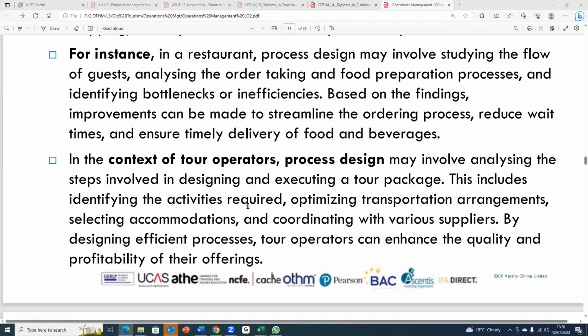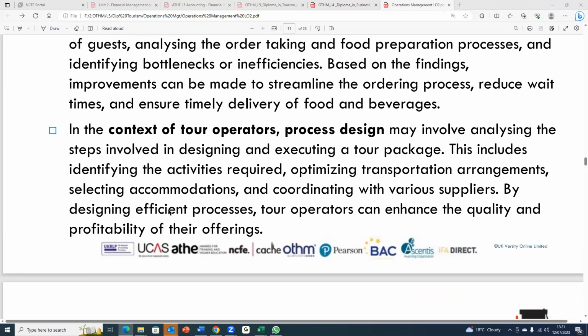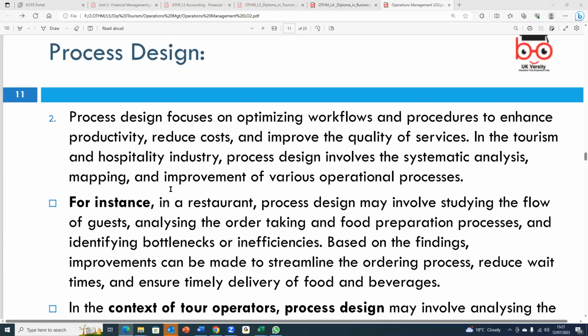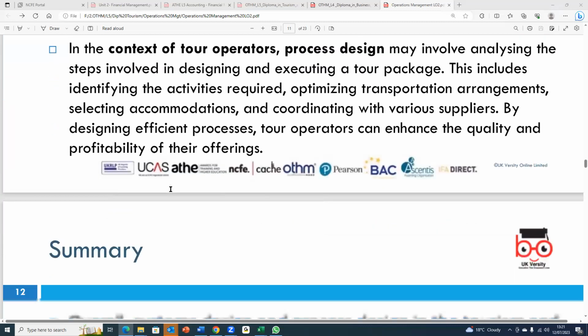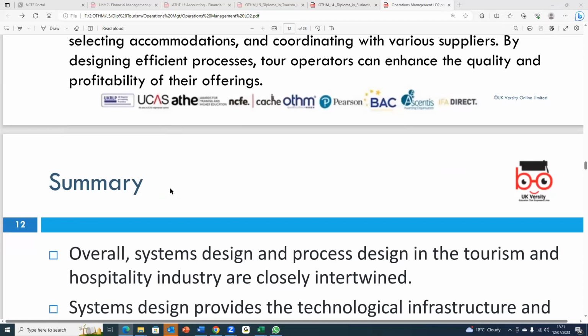This process design may involve analyzing the steps involved in designing and executing a tour package, for example: how to maximize the transportation arrangement, or selecting accommodation, or coordinating with various suppliers and other tour operators, making sure that the quality doesn't suffer and the profits are not affected. So you can use this process design in the hospitality industry.